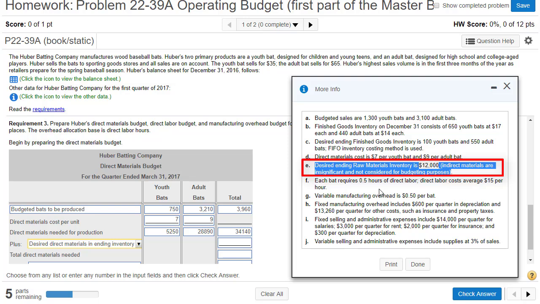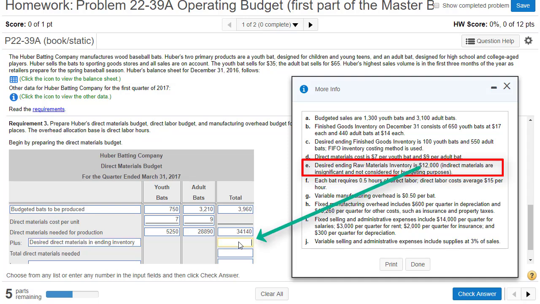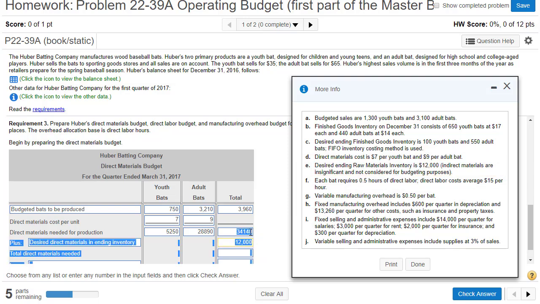What this means is at the end of the quarter, we want to have $12,000 of raw materials. So remember, this $34,140 is how much direct materials we need just to produce the bats, plus we want to have 12,000 left over at the end.